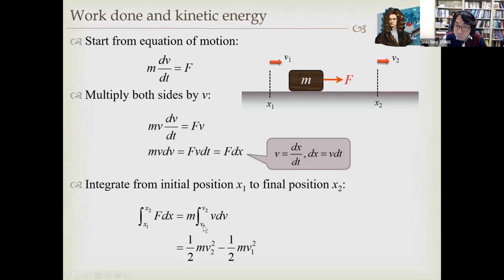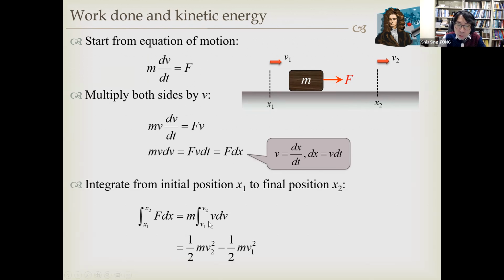So we naturally will involve an integration of the velocity from the initial velocity v1 to the final velocity v2. Now notice that the lower limit x1, the position corresponding to the velocity v1, and the final position x2 corresponding to the final velocity v2. So when you integrate the quantity on both sides, make sure that the limits correspond to the same position, the same point in time.